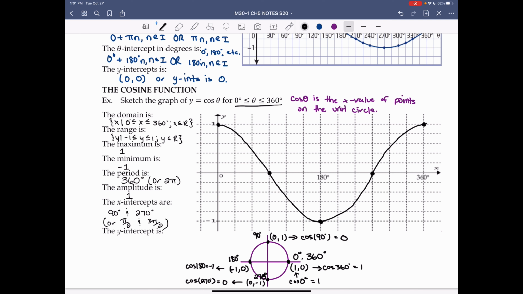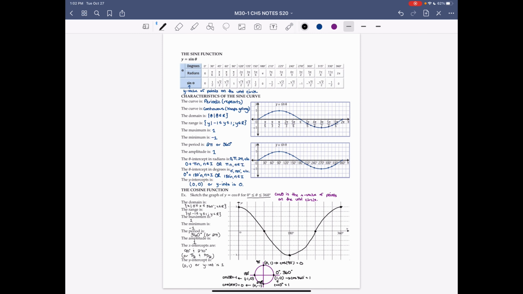And our y-intercept is at x equals 0, y equals 1. So there's the basics of the graphs of our sine and cosine functions.